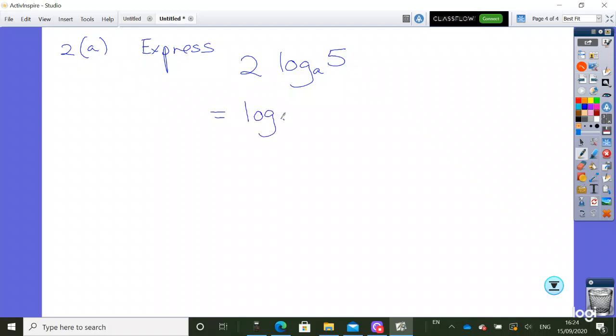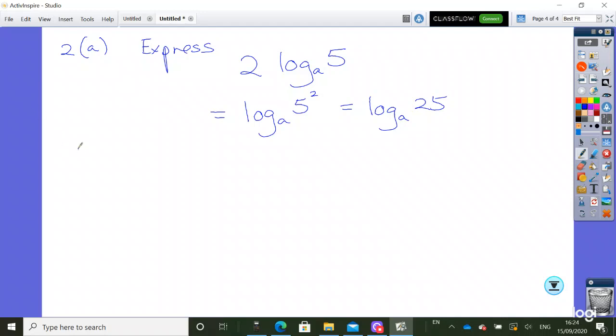So therefore, it becomes that, and that's the same as log to the base A 25. Now that's what it's trying to get you to do, which is to express it as a base A logarithm without any coefficient. So let me just double check the answer book. Yes, it is. So that's log to the base A 25.